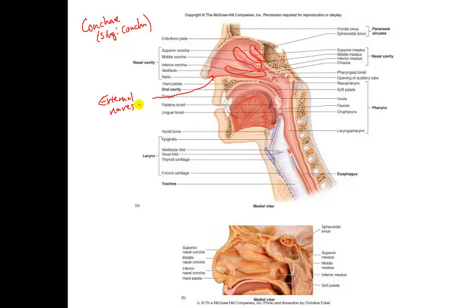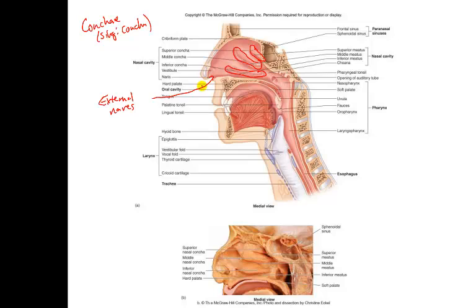The other thing that the conchae do is create turbulence in the air as it comes in, which is good for these functions. You can imagine if you were breathing in, that if the air flowed very smoothly, it's kind of like, remember in the vessels we said that the blood in the center of a vessel flows very quickly and efficiently in that laminar flow pattern.